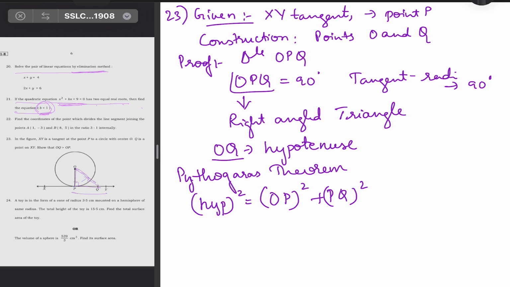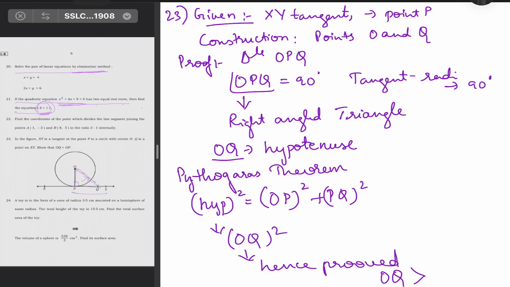Which is the hypotenuse? It is OQ. And in a right angled triangle, the hypotenuse is the longest side. Hence, proved. OQ is the longest side, hence it is greater than PQ also.